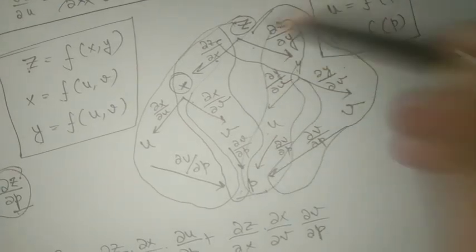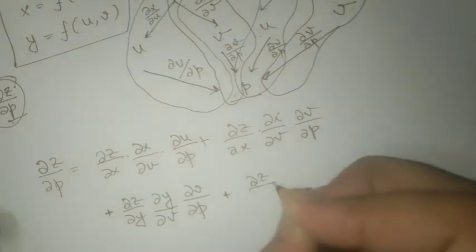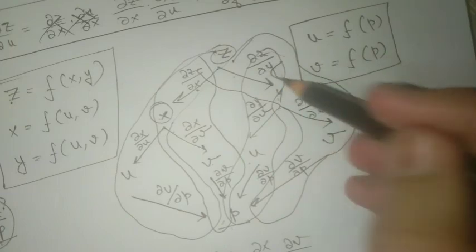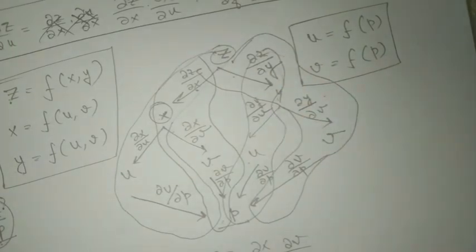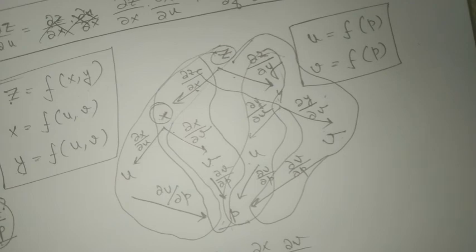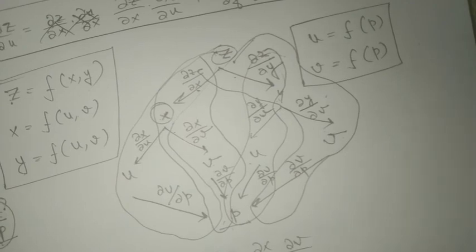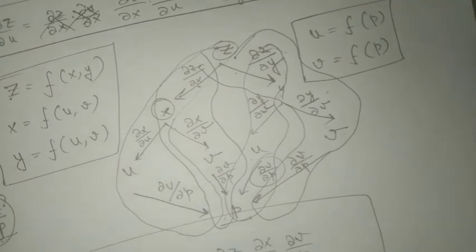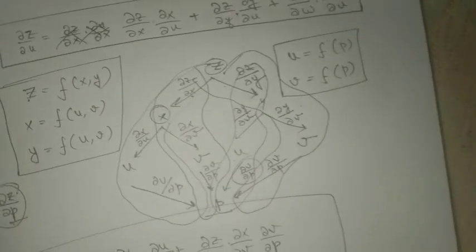And this is the last line, del z del y, followed by del y del u, and del u del p. So yeah, this is the way you can break it.